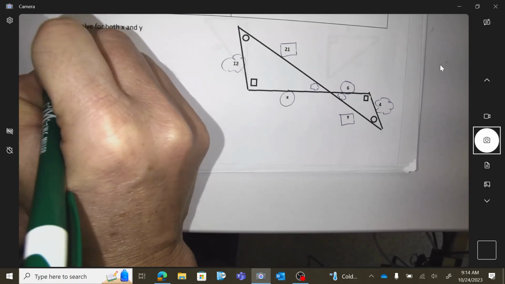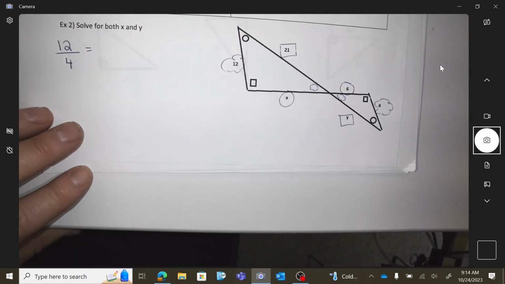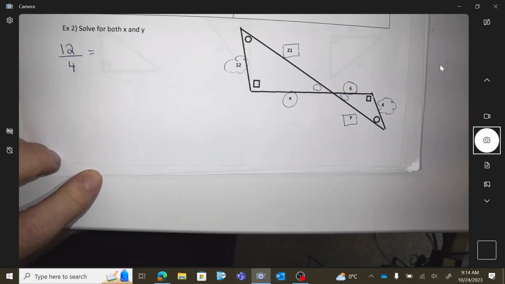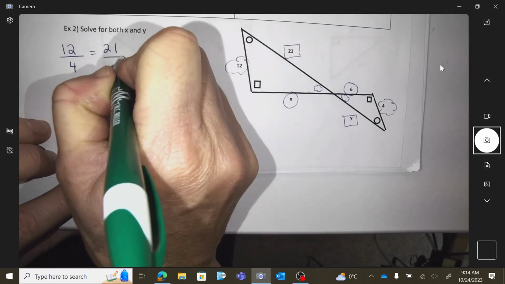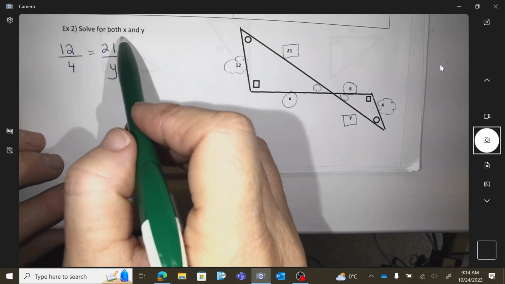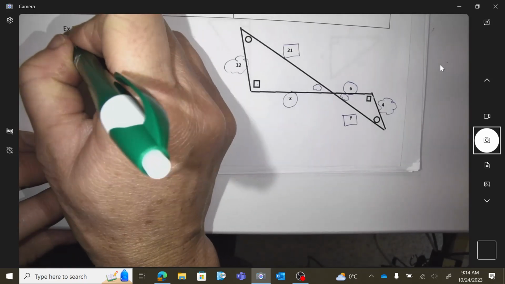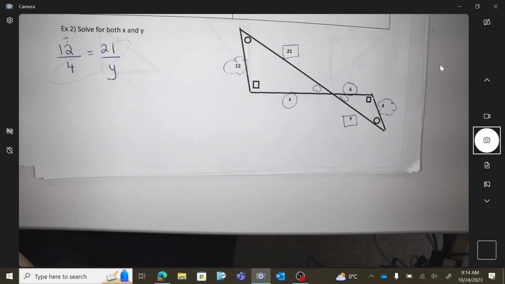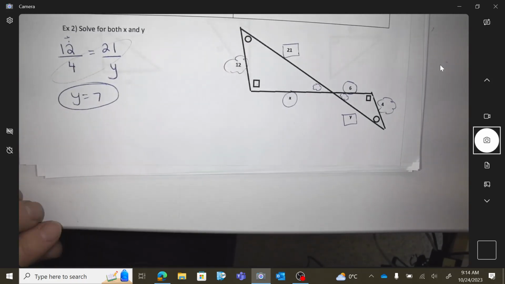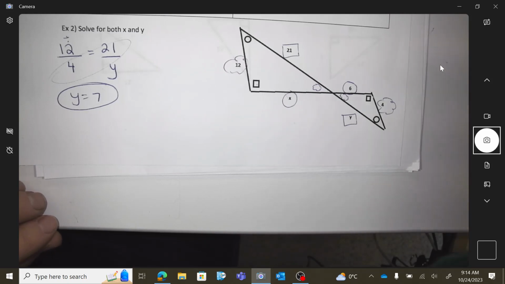So the big cloud to the little cloud will be the same ratio as the big square to the little square. Multiply and divide.